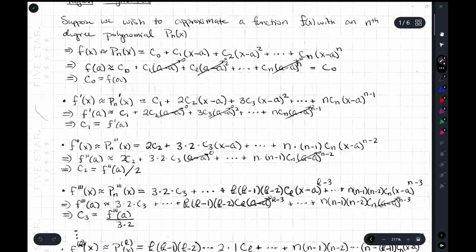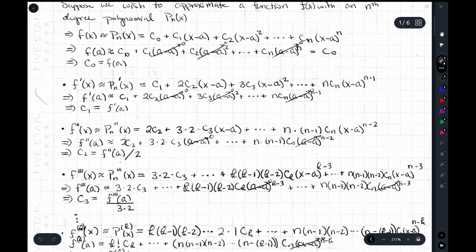All right, let's continue. Now we'll take the third derivative. Again, notice what term survives. The 2c_2, the derivative of it is 0. Then we get this term surviving, 3 times 2 times c_3. This 3 times 2 came from repeatedly taking derivatives.